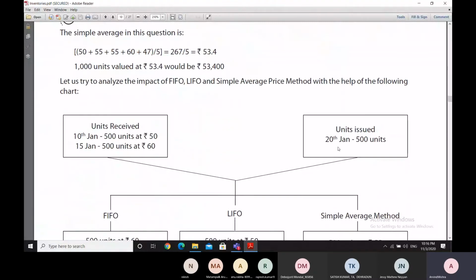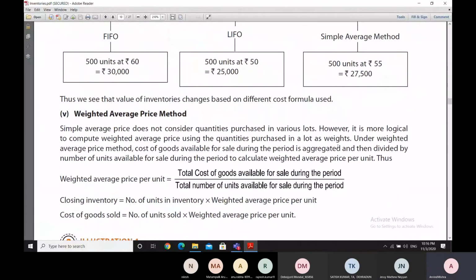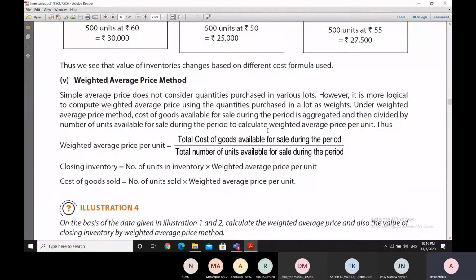Now let us look at another method, which is called the weighted average price method of inventory valuation. The simple average price does not consider the quantities which were purchased in various lots. So therefore, the weight of the lot quantities is not included in the formula for the simple average price method.